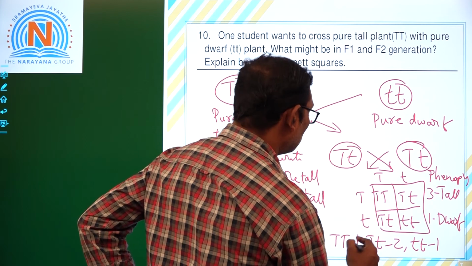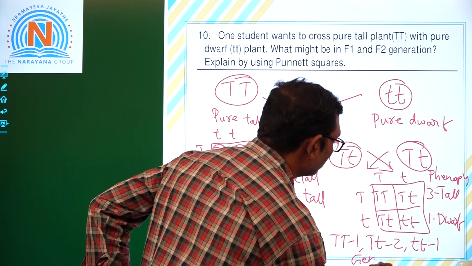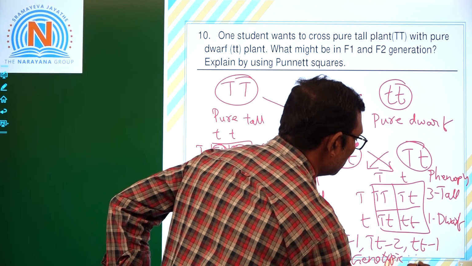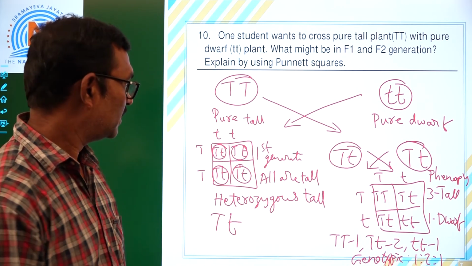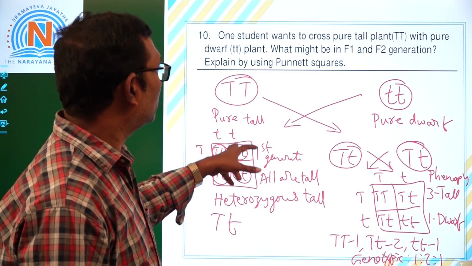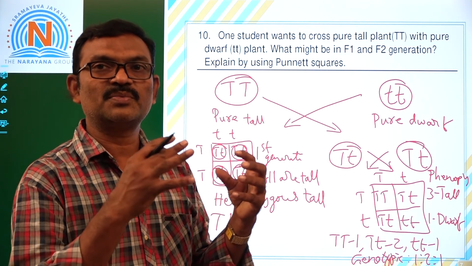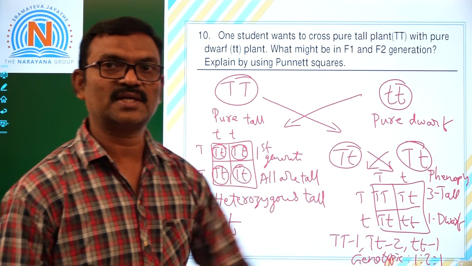That means the genotypic ratio is 1:2:1. So these are the results of the cross between a pure tall plant and a pure dwarf plant in F1 generation and F2 generation.